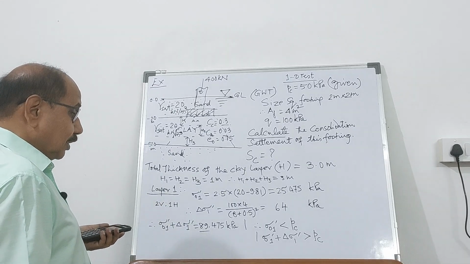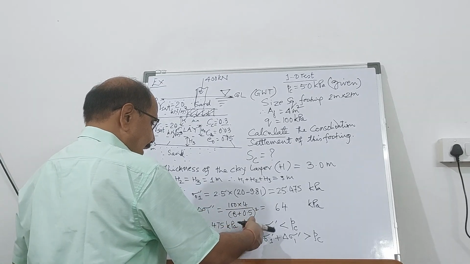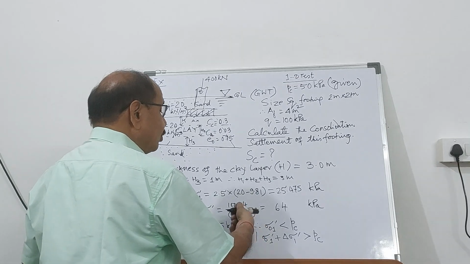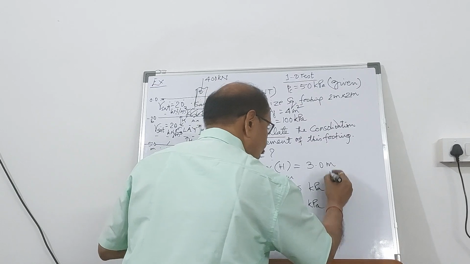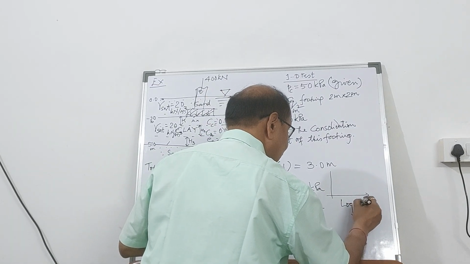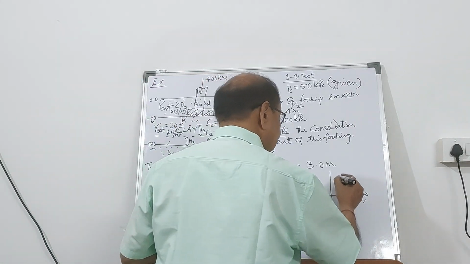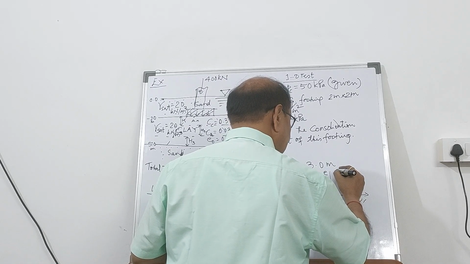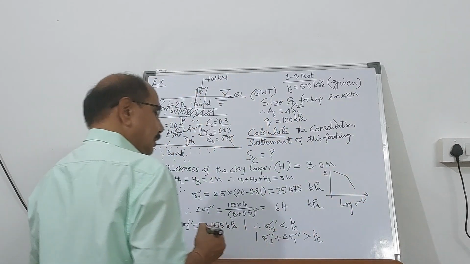So the soil is going to behave like over-consolidated or pre-consolidated clay up to 50 kilopascal. So when you have log sigma prime here, and it is going to behave like this.